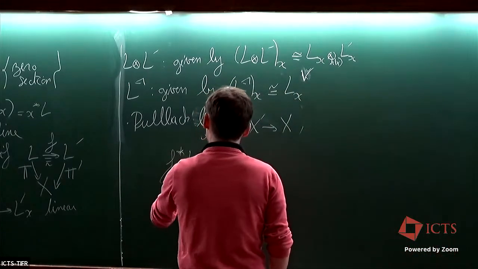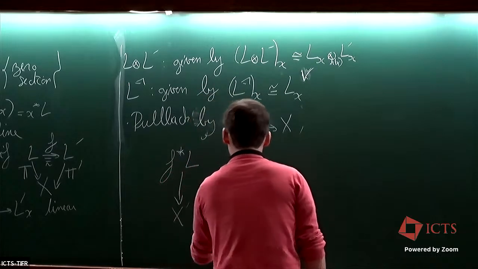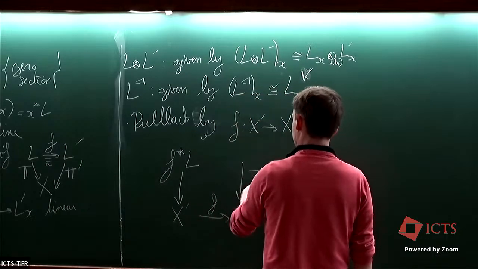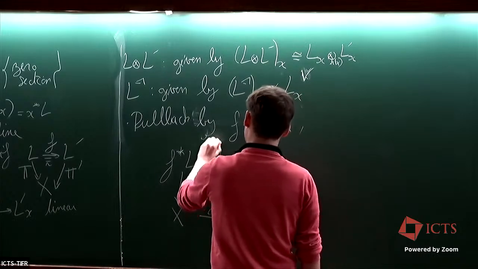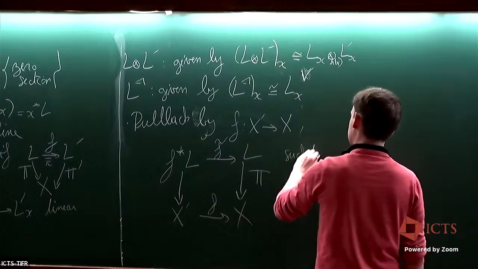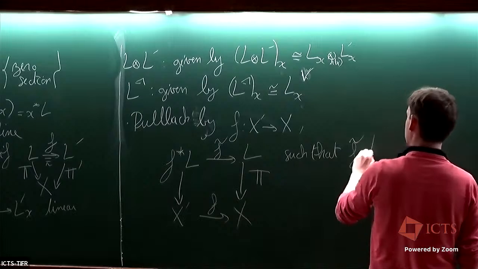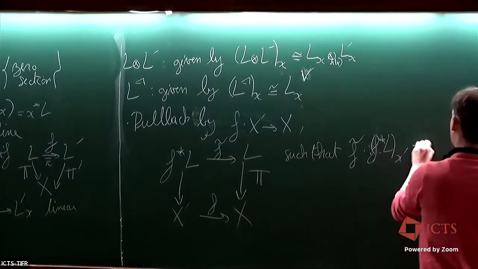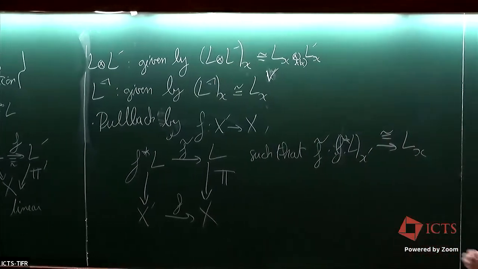And if you think about it, it's actually something living above x prime. You have x here. You have a natural projection right here. And here, you have a morphism, which I will call F tilde, such that F tilde from F star L at x prime goes to Lx and is an isomorphism here.